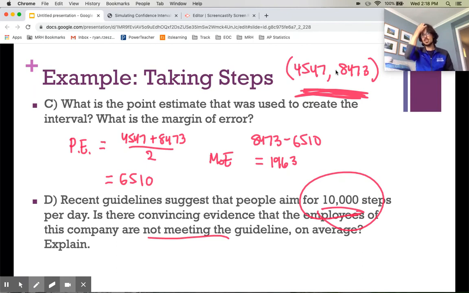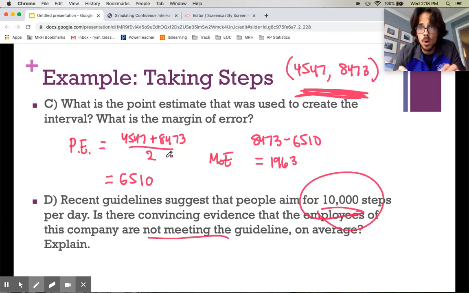Something you'll be asked to do a lot with confidence interval problems is make a decision or a conclusion based on them. Look and see if the number we care about is in our interval. So since 10,000 is not in the interval, we're pretty sure the answer is not 10,000. So I'm going to write that down and give you guys that in just a second. You'll have a nice formalized answer. But if the number we're looking for isn't in the interval, we can rule that number out.